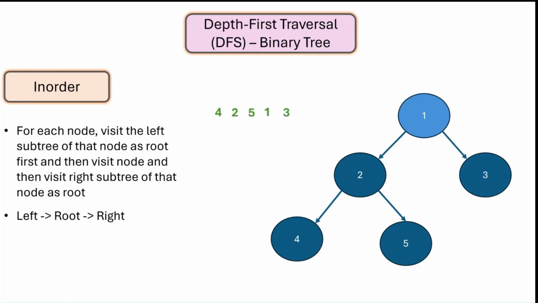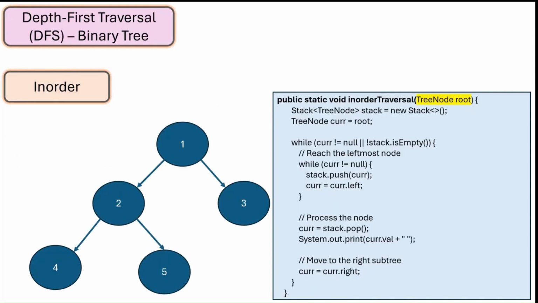Let's understand the implementation of in-order binary traversal using the iterative approach. If you see here, in the in-order traversal function, we are using the stack because in DFS, as we understood in previous slides, we need to keep track of each node, because we go from root to end and then we come back or backtrack again for checking other branches.